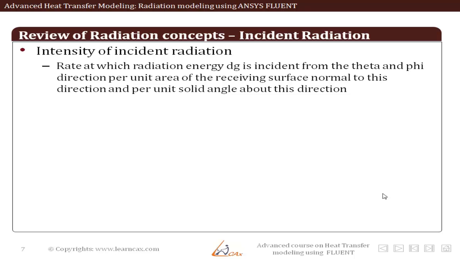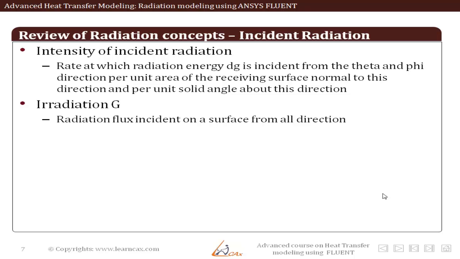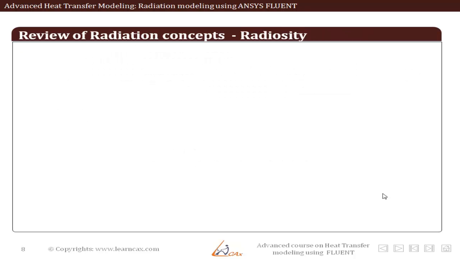The intensity of incident radiation is defined as the rate at which radiation energy dGi is incident from the theta phi direction per unit area of the receiving surface normal to this direction and per unit solid angle about this direction. The formula or equation for that is shown. It contains the intensity of incident radiation summed up over the entire sphere, as it is a function of solid angle and space.